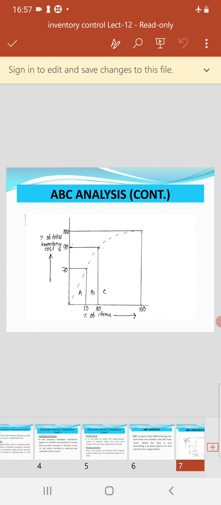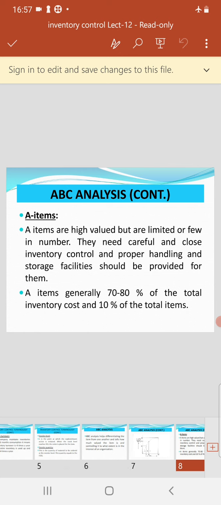But if you calculate the cost for A, for 10% of the total inventory, you are blocking 70% of the inventory cost. So these are the highest valued inventory, B is the medium valued inventory, and C are the raw material or cheap spare parts which are essential for production of the part.